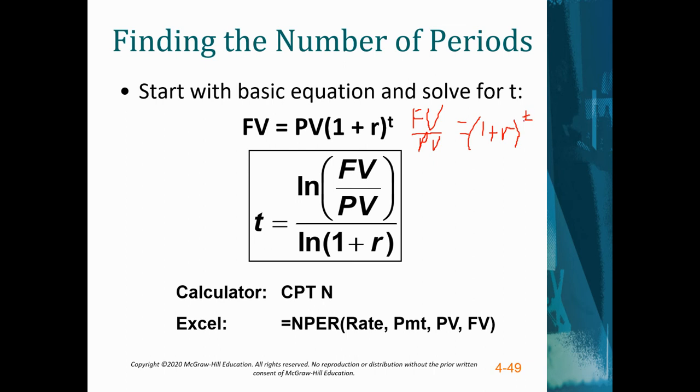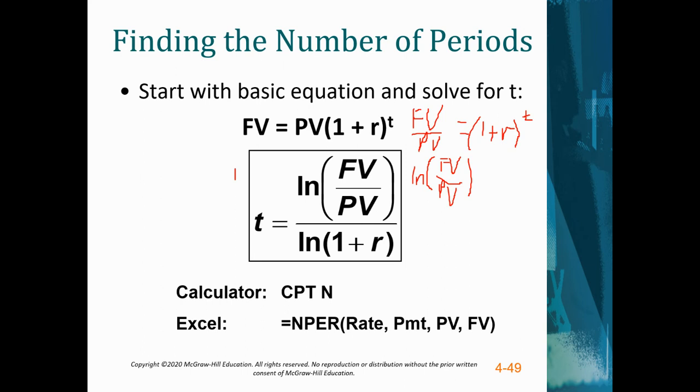Well, if you remember your algebra, if I take the natural log of both sides, so basically I have the natural log of FV divided by PV. Now, one thing that doesn't really matter for us right now, I could also write this as a log of FV minus a log of PV.